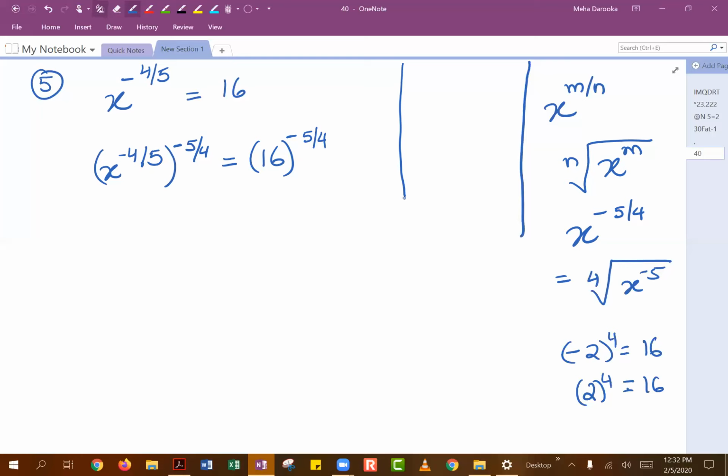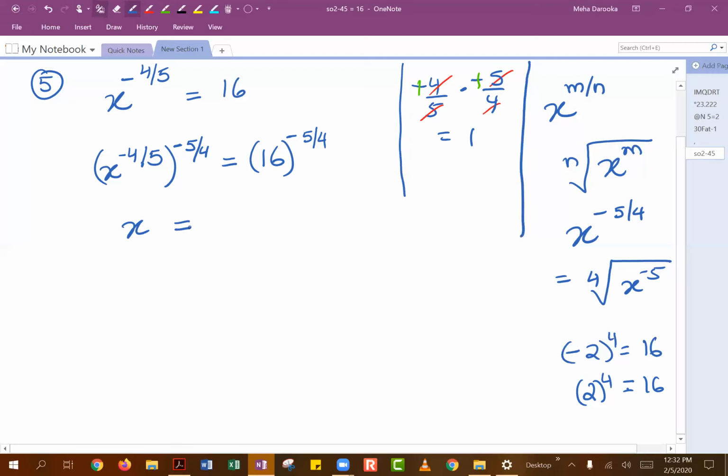So you're actually multiplying negative 4/5 with negative 5/4. What will that end up becoming? Positive 1. Yeah, exactly, because these guys will cancel each other out. 2 negatives will become positive, giving you 1. So that's why we use this technique, so that you are getting rid of that exponent on the x value. Now we have a nice and clean x.